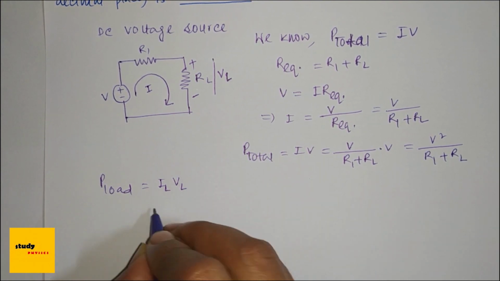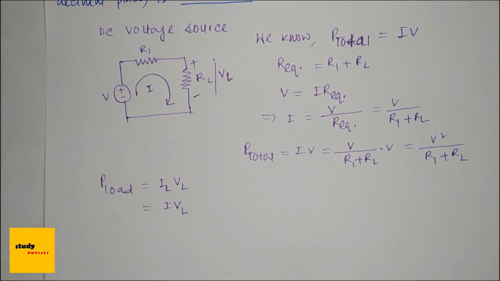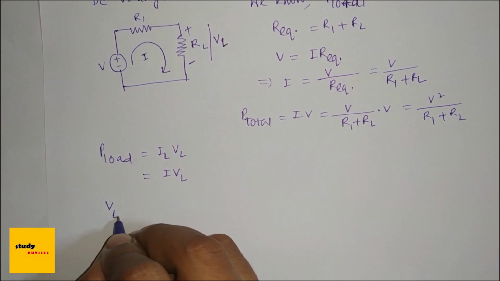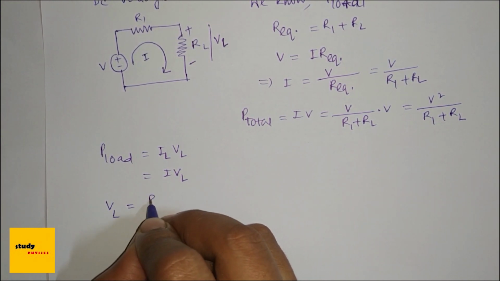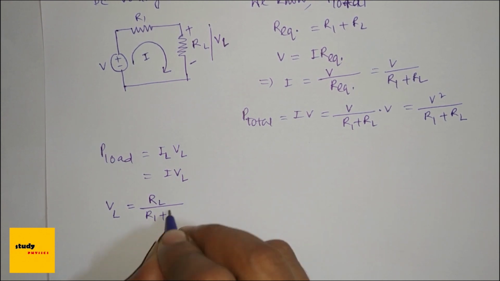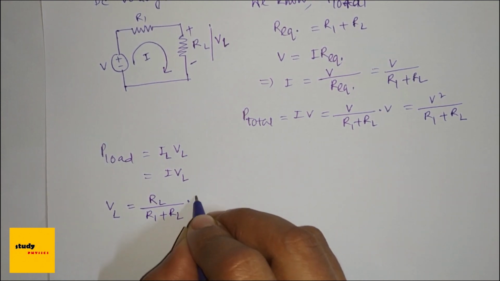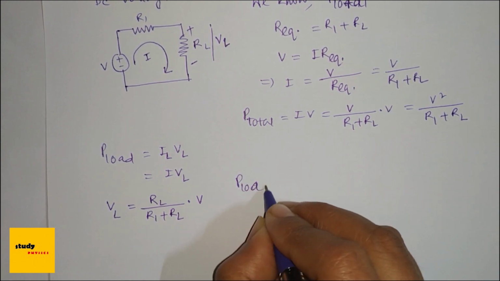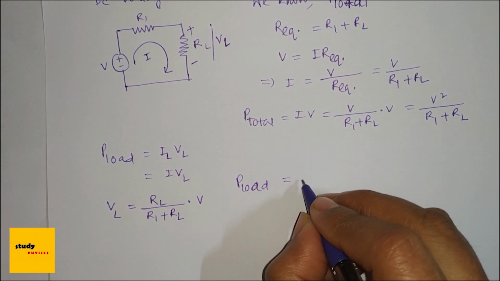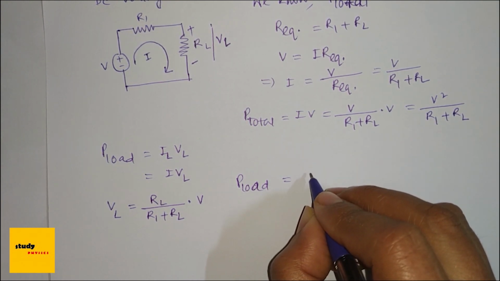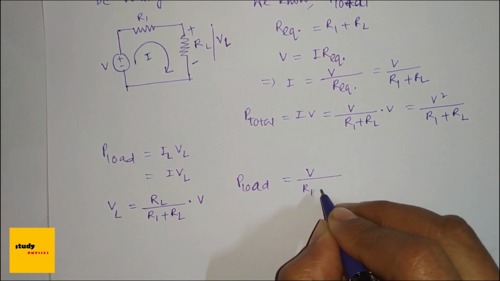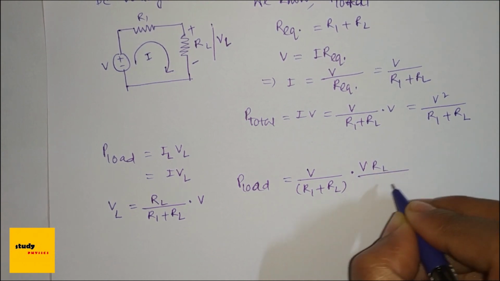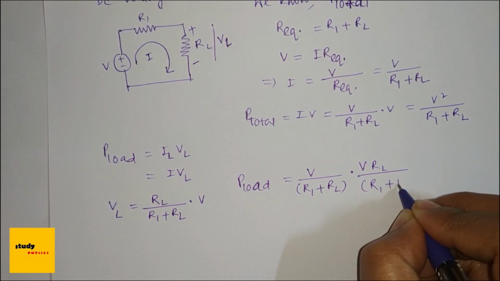IL and I are the same, so P load is I VL, and VL is RL divided by R1 plus RL into V. So P load equals V divided by R1 plus RL into V RL divided by R1 plus RL.